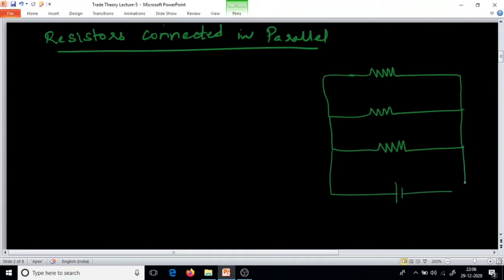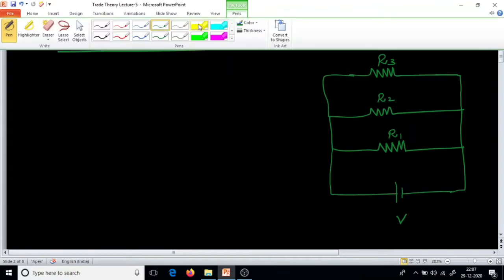The voltage across all the resistors is the same. This is the applied voltage V. These resistor values are R1, R2 and R3. If the voltage across all these resistors is the same, then these resistors are said to be connected in parallel.